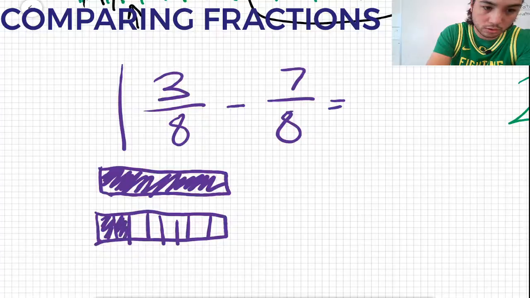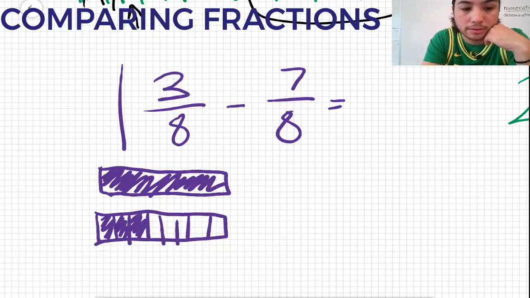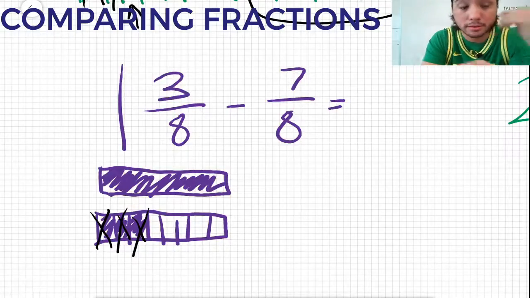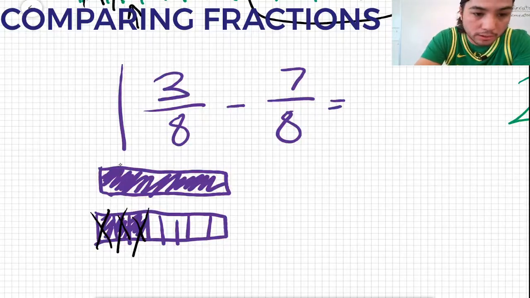1, 2, 3. Now we're going to subtract 7/8. 1, 2, 3. Uh-oh. We're out of 8ths. What do we do? Yeah, we're going to have to convert and decompose this 1 into 8/8.